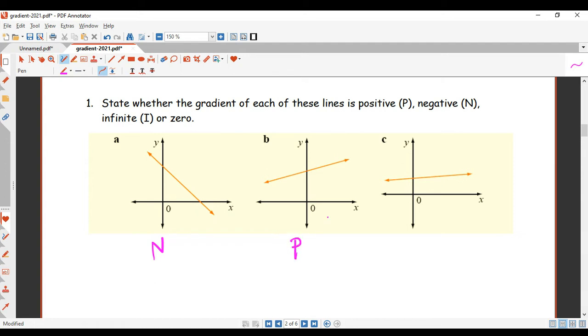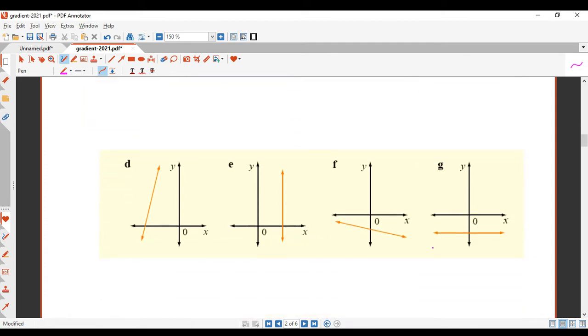This line is sloping up from left to right, so we say it's got a positive gradient. Okay, p for positive. This line here, again sloping up from left to right, positive gradient. Okay, this line here, sloping up from left to right, positive gradient. Now this line is vertical, so we say that it's got an infinite or undefined gradient.